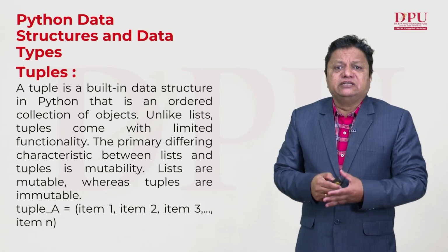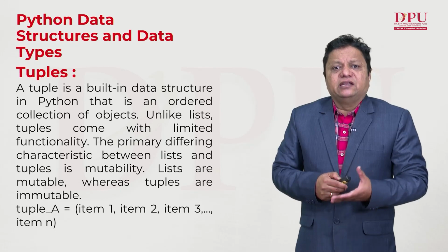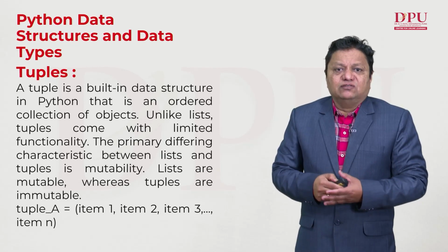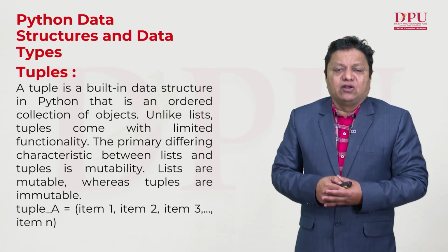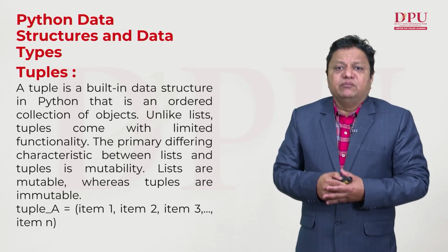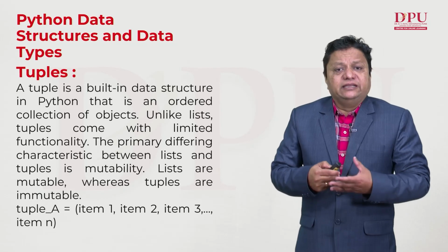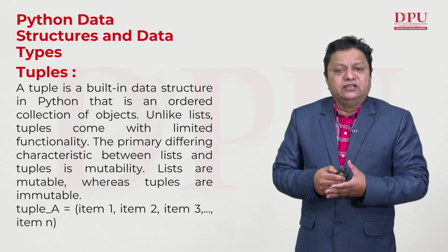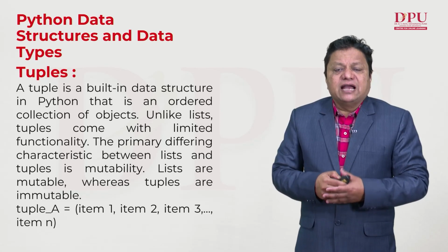I can change the values in the list, I can edit the values of a list, but the values of tuples cannot be changed. So tuples are immutable, whereas list is very much mutable. The items in the list can be changed, whereas the items in the tuples cannot be changed.